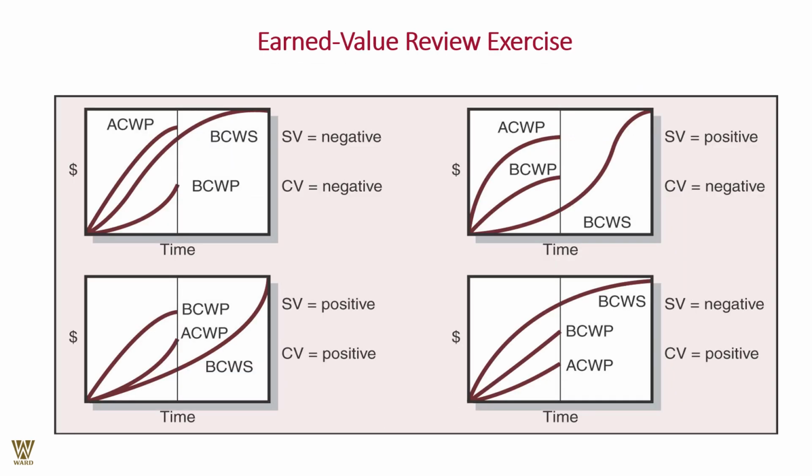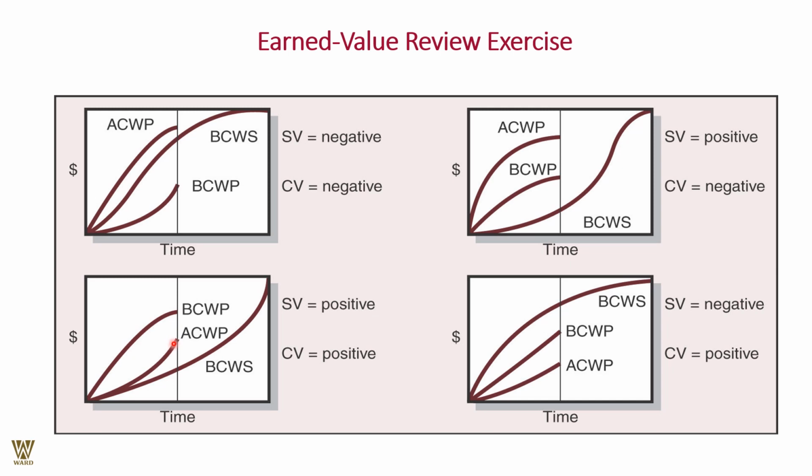Let us go to the earned value review exercises. Here we are talking about what has been done and what has not been done, in terms of dollars, the budgeted cost of work planned and the work structures around it. If the sales value is negative or the cost value is negative, how do we explain it? If the budgeted cost went on and on, and you can do it within time, the sales value becomes positive but the cost value becomes negative.